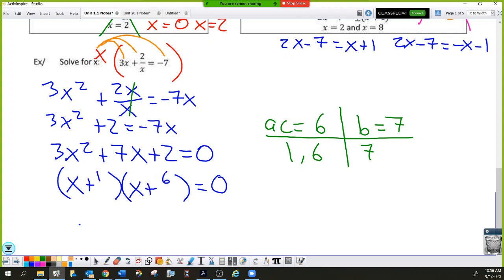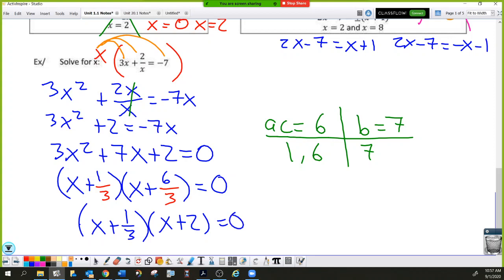And what makes the Lizzie method is dividing by A. You do need to remember to simplify your fractions. And now, through the zero product property, you can see your two solutions are -1/3 and -2.